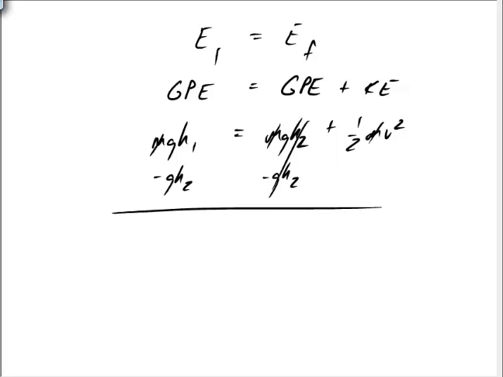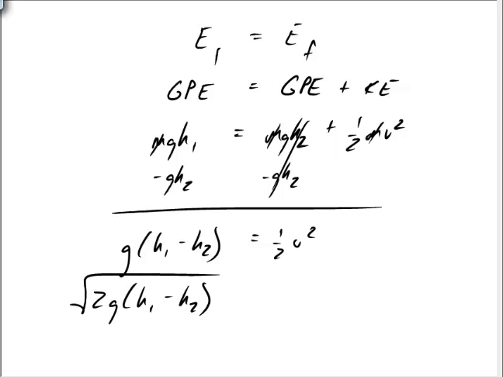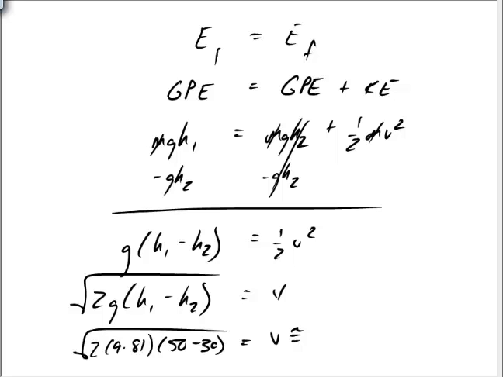I do a little bit more math and I can figure out how fast it's going. So 2 times 9.81 times the difference of 50 minus 30, take the root. So let's see, square root of 400, roughly about 20 meters per second.